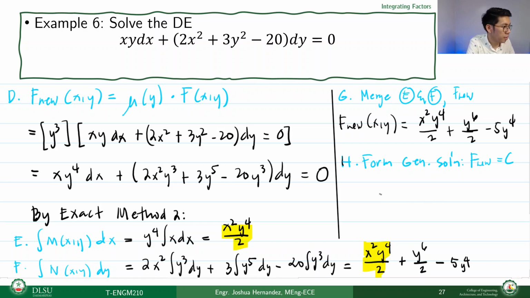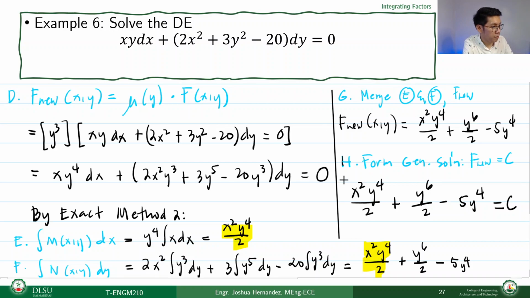So this gives us x squared y to the fourth all over 2 plus y raised to 6 all over 2 minus 5y raised to 4 equals c.